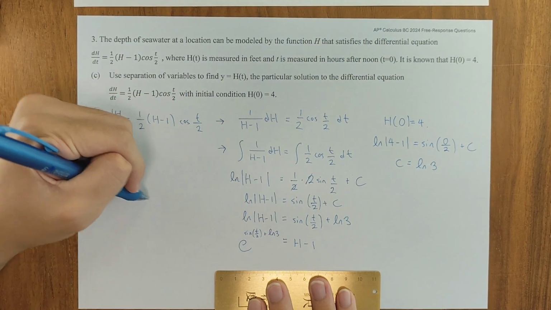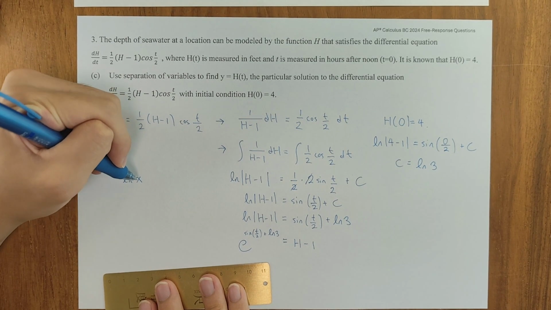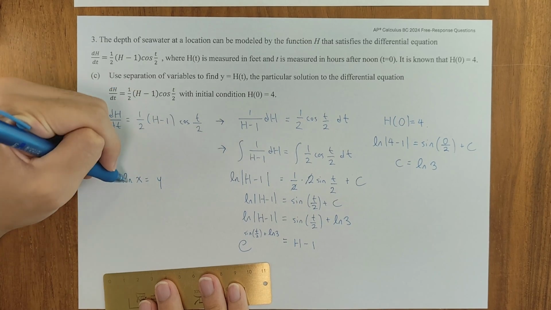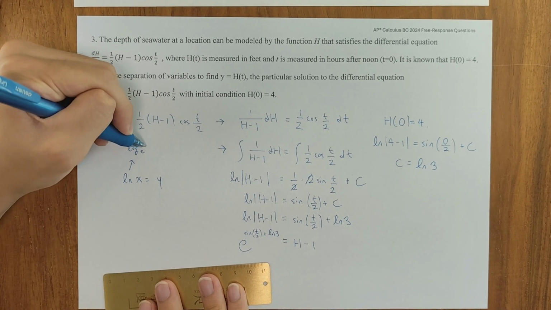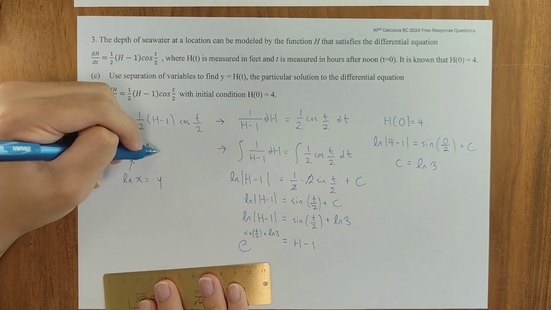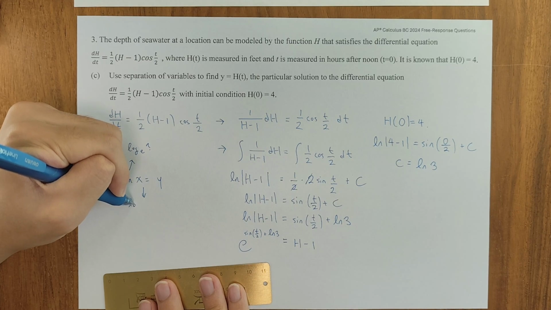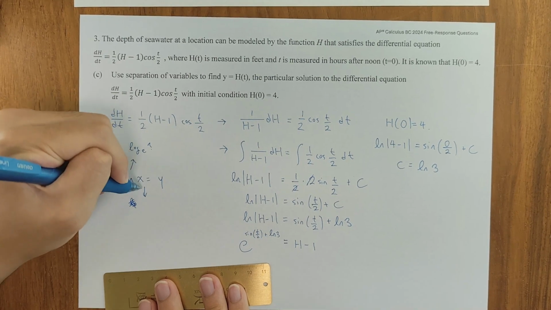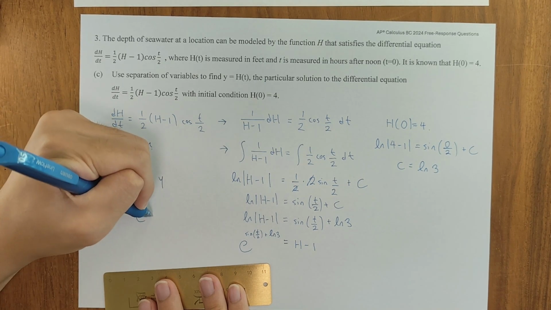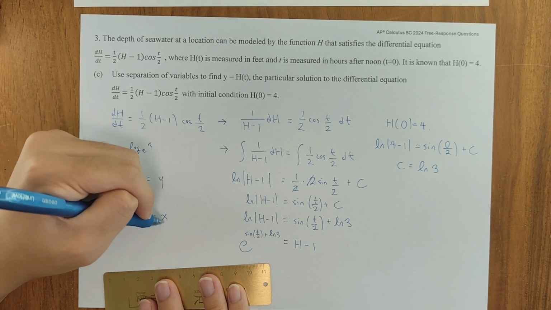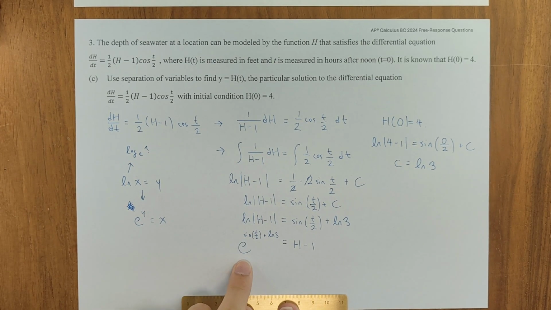This means that if we have log of something, let's say x, equals y, we can rewrite it as e to the y power equals x. Okay, so this is the same thing we're doing here.